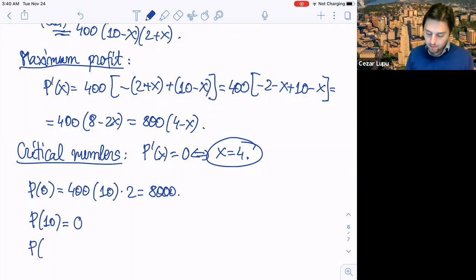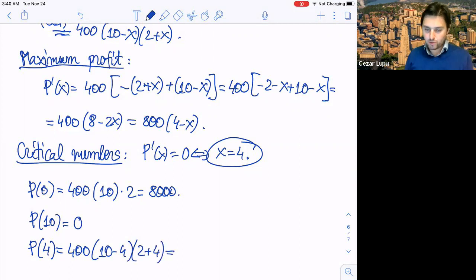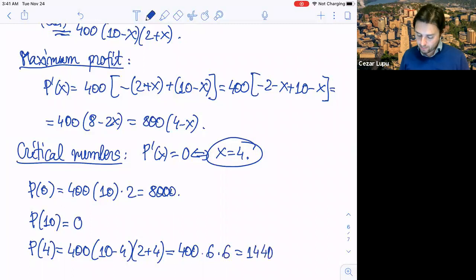And finally, p of 4 will give us 400 times 10 minus 4 times 2 plus 4, which will be 400 times 6 times 6, which is 14,400, I think, yes.